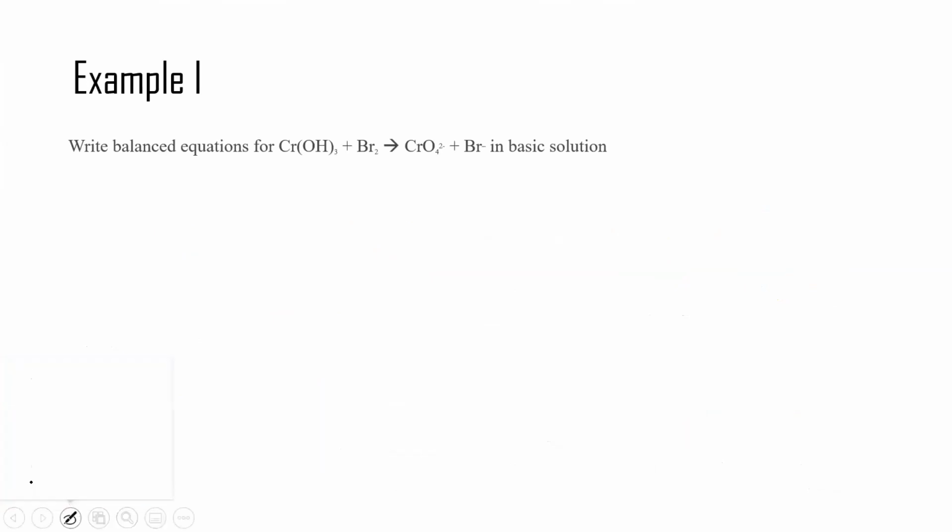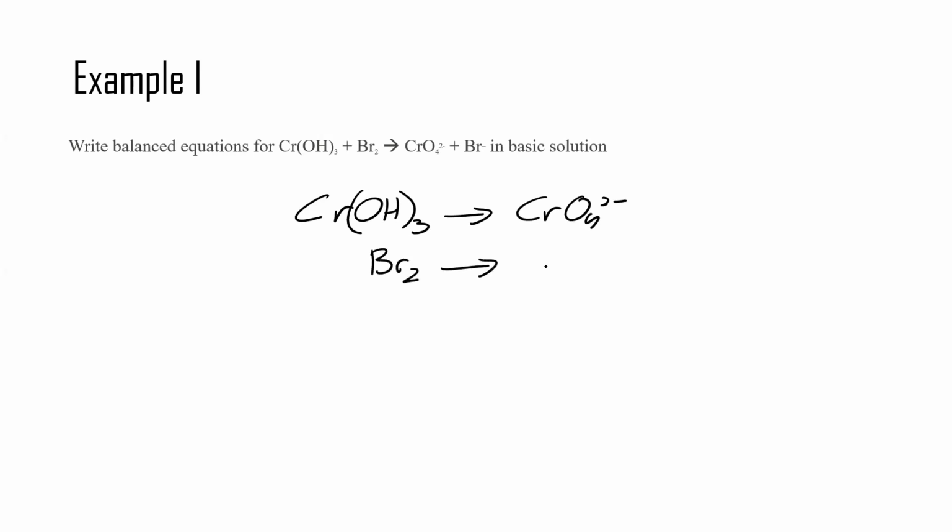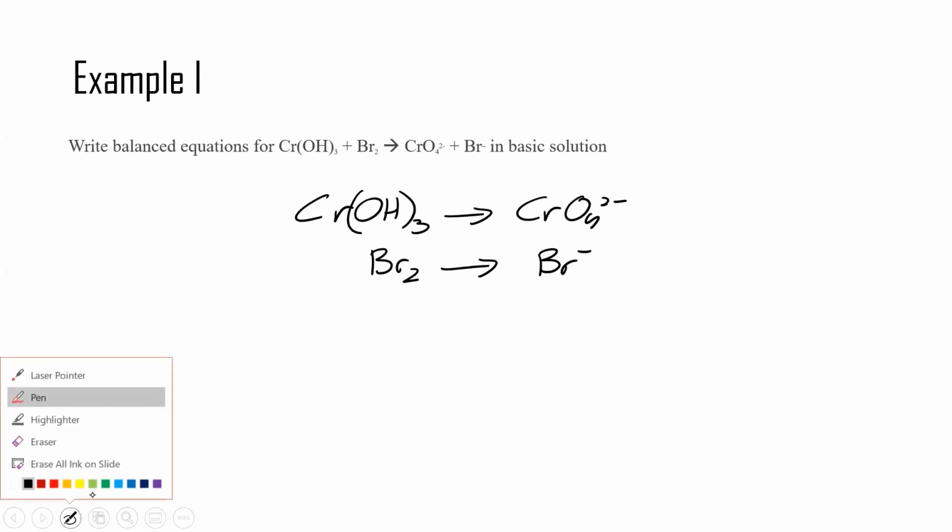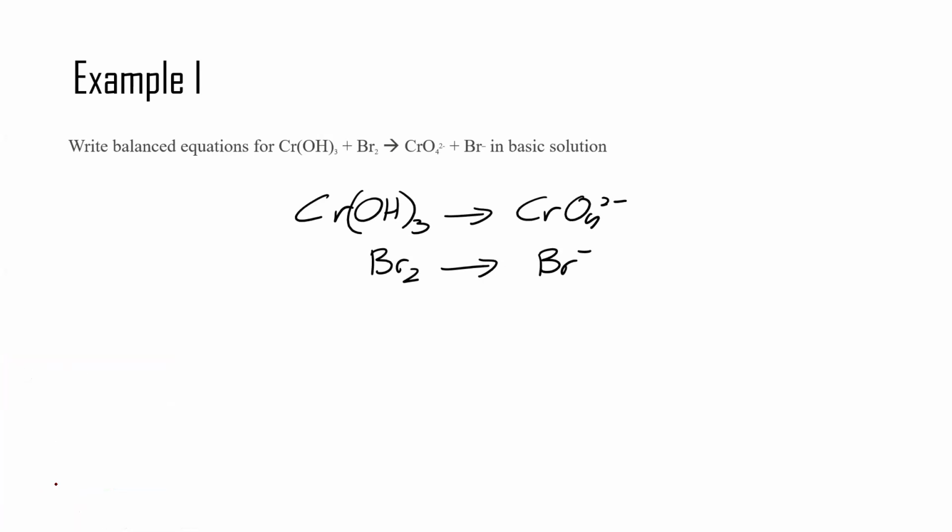Let's delve into it. So Cr(OH)3 to give CrO4 2-, and Br2 to give Br-. Let's do the first one first. Start off by balancing the atoms, so chromium are the same. Then we can balance the oxygen, so we need 4 waters on the left.